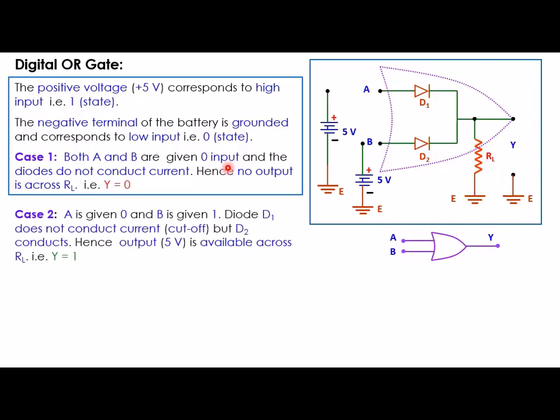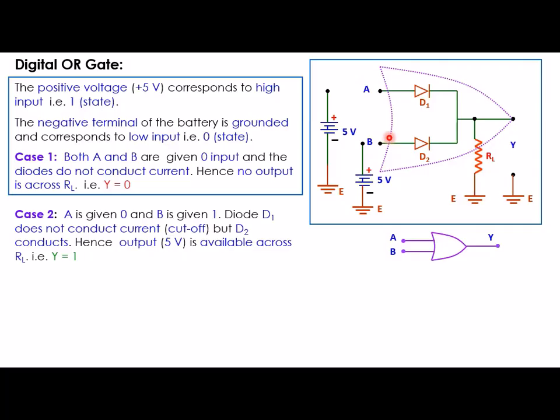Now let us consider case 2. In case 2, suppose A is given 0, A is connected to ground, but B is given high, meaning B is given plus 5 volt. Now if B is given plus 5 volt, then the P side of diode D2 is positively biased and the N side of diode D2 is negatively biased as it is connected to ground through this load resistance RL.